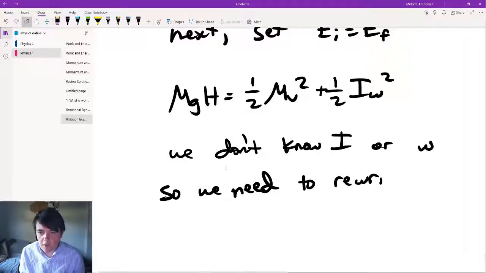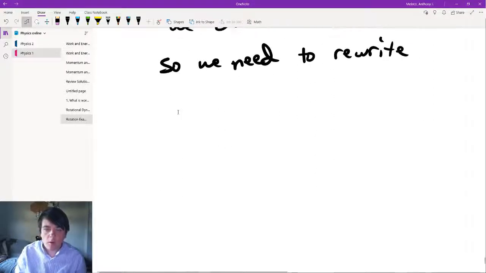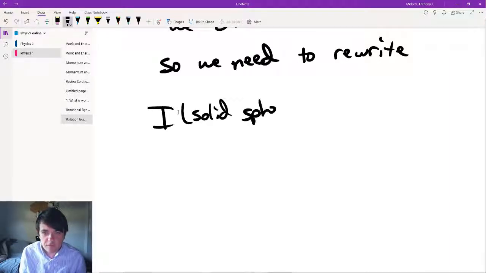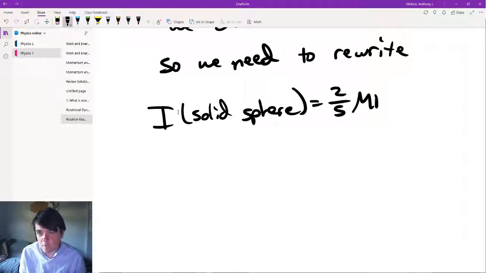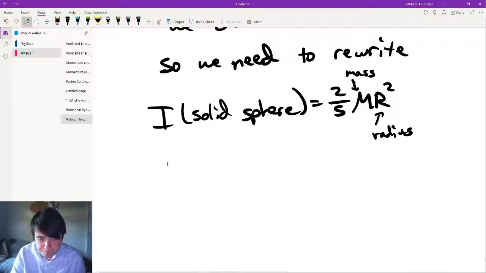We need to rewrite I. For a solid sphere, I equals 2/5 m r squared, where r is the radius and m is the mass.